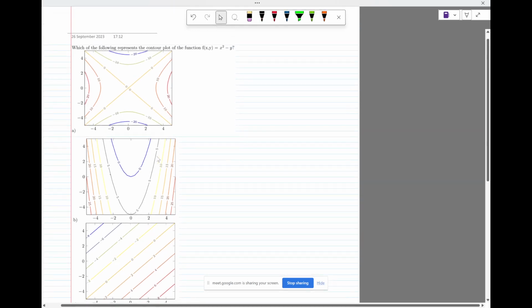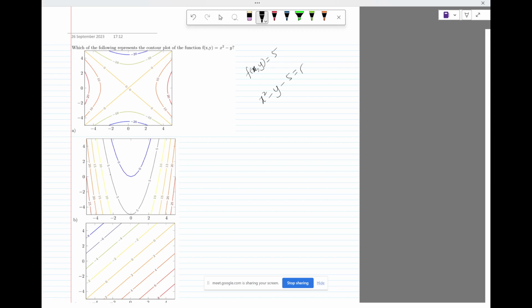So basically, for different values of f of x, y, if f of x, y equals 5, then you have x square minus y minus 5 equal to 0. That will be this plot, I guess. And at f of x, y equal to 0, you have x square minus y equal to 0. That will be this plot.